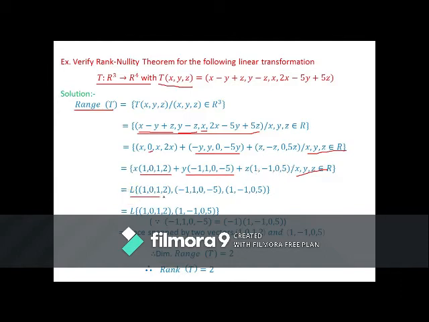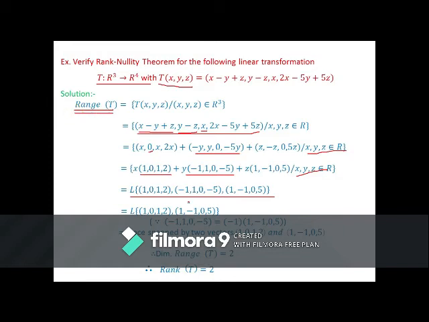So this is just the linear span of these 3 vectors. But see here, these 3 vectors are not linearly independent. It means the linear span of these 3 vectors is nothing but the linear span of these 2 vectors. We will find a minimum number of vectors which generates this range of T.